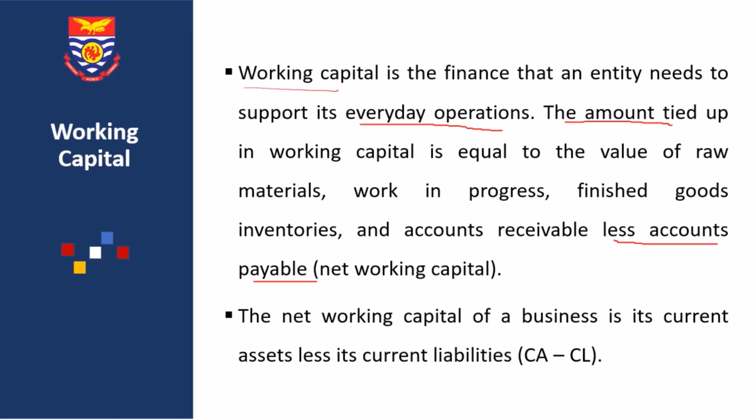We also have the finished inventory. There are some inventories that have been finished and maybe are still in the warehouse. The amount tied up in those inventories is also part of the working capital, and of course the accounts receivable less accounts payable. So these are all the components of the working capital.